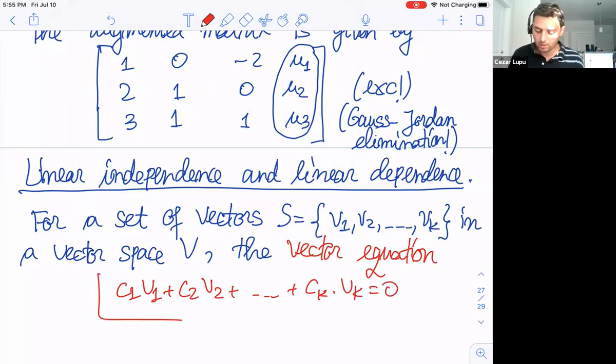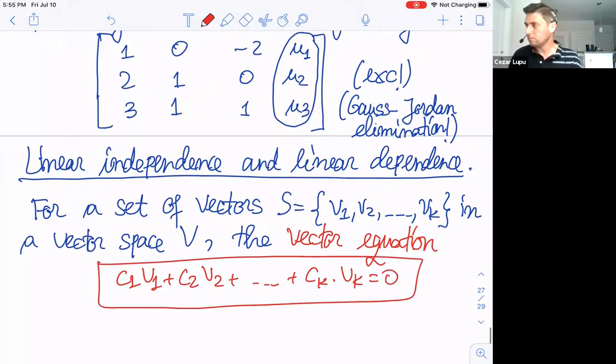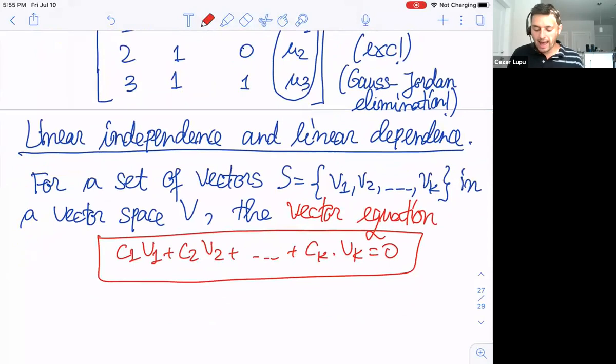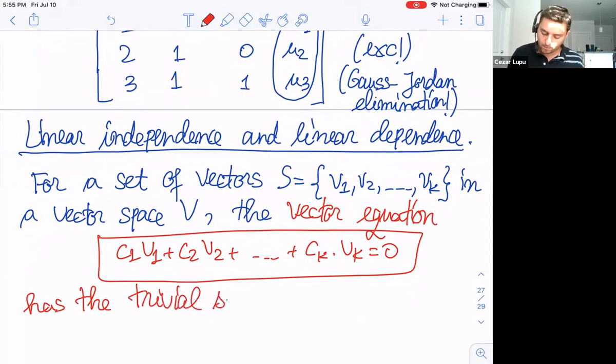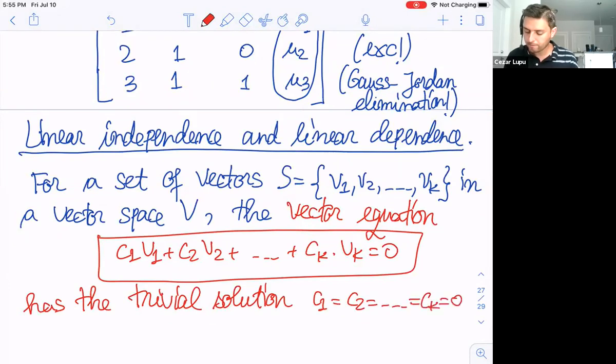This vector equation has the trivial solution C1 equals C2 equals all the way to CK equals 0.